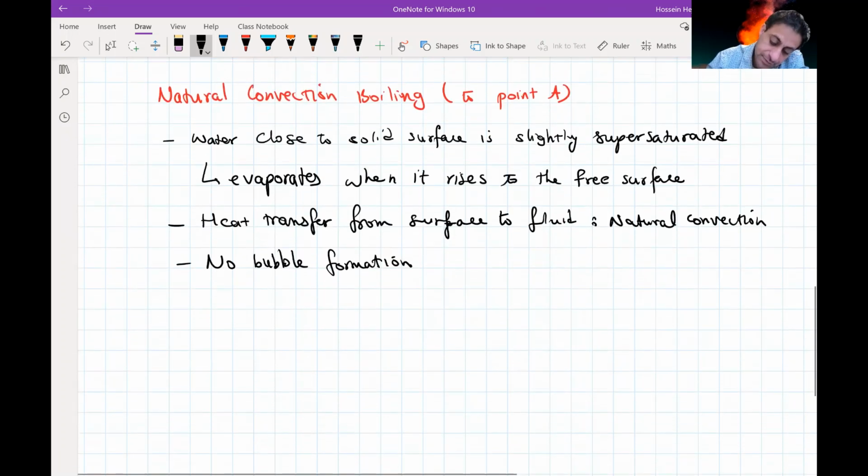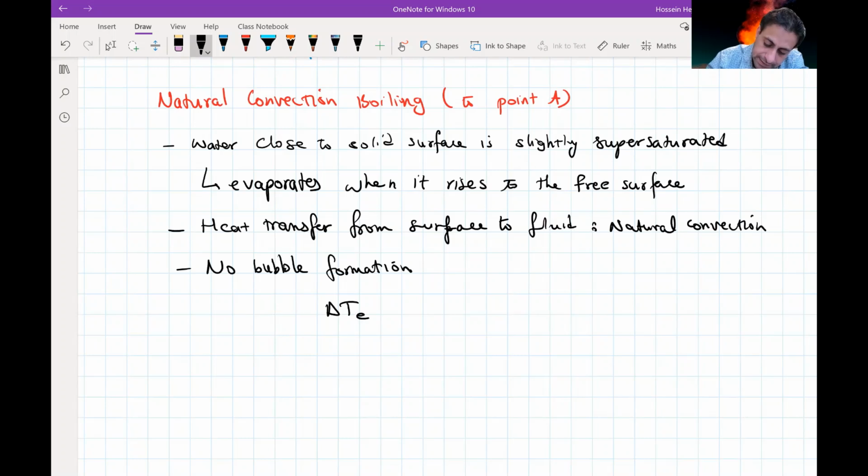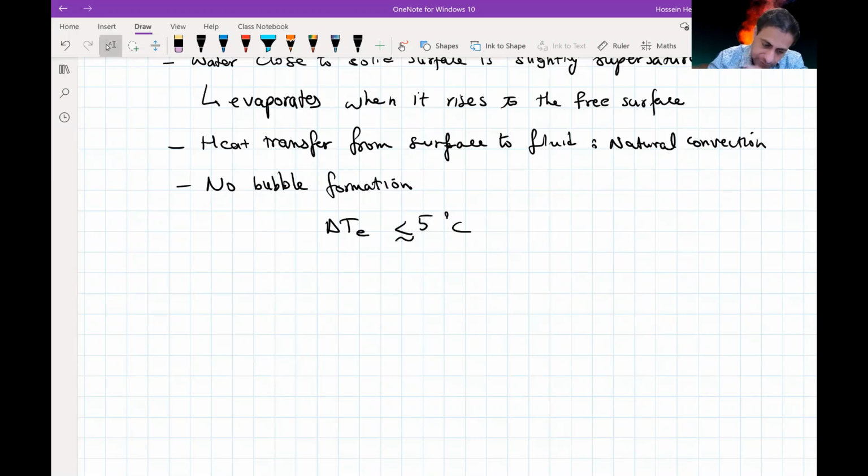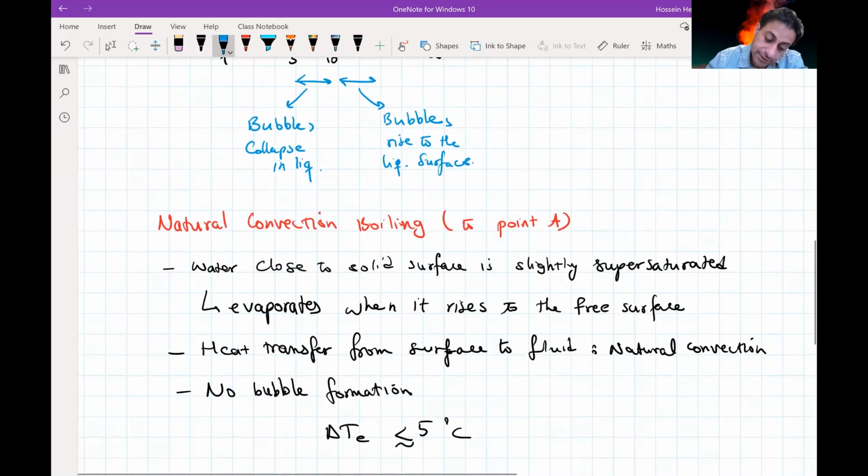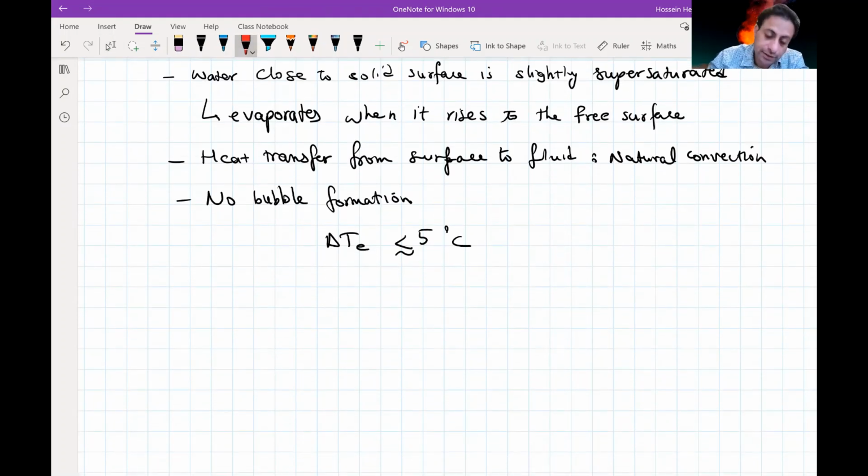And this regime generally lasts as long as this delta T excess is between 1 and 5, or less than 5 degrees C. Let's just put it there. So this is in terms of natural convection boiling. Nothing really exciting here.